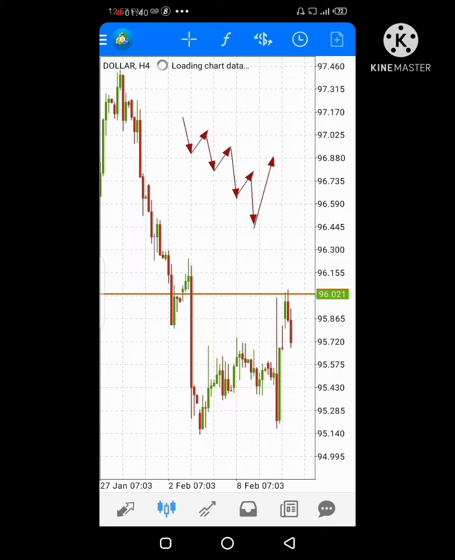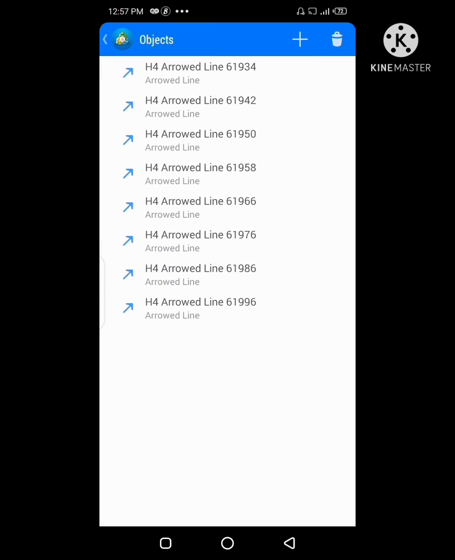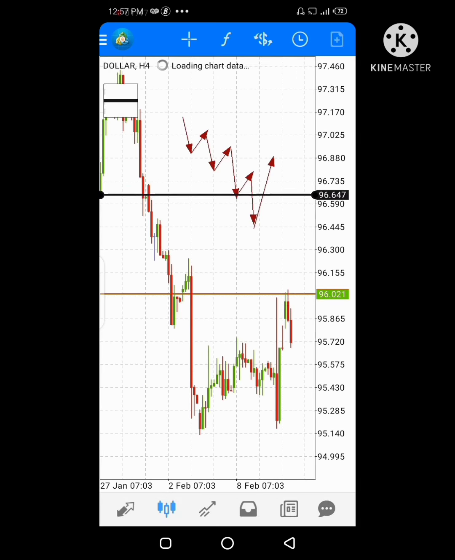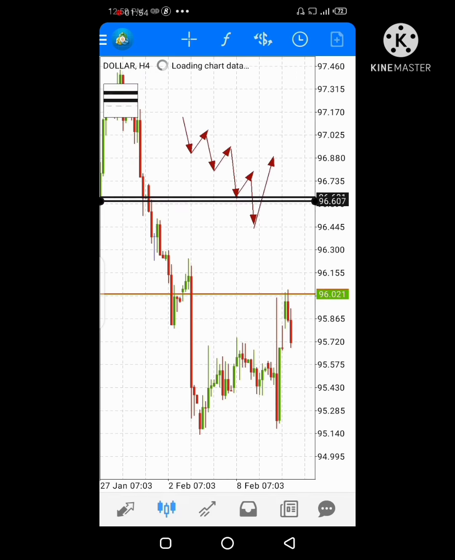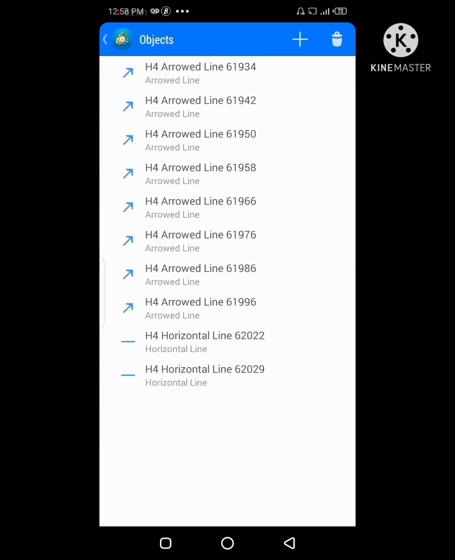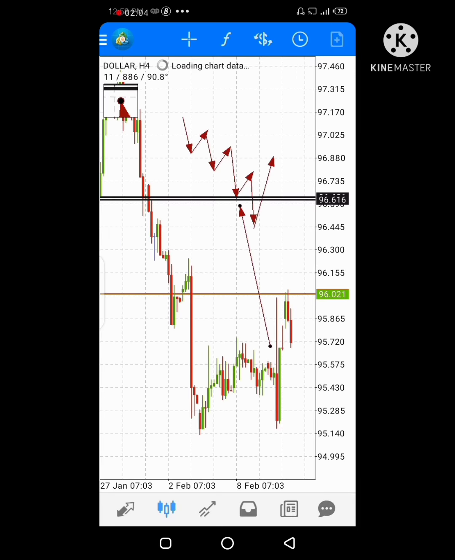That means the pattern is about to form. So all you just need to do is to mark a zone and the other shoulder formed. Now this zone marked is going to be our entry point. So when price gets to here, we're going to place our buy order.